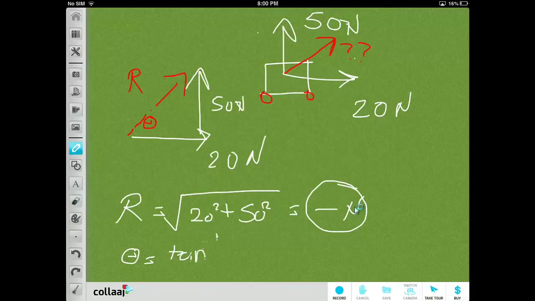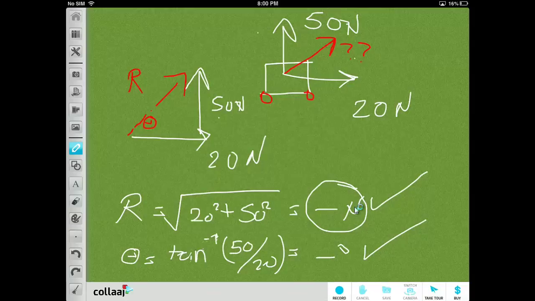Here, tan minus 1, opposite over adjacent, and the opposite to the angle is the 50. So 50 divided by 20. In your calculator, find the theta in degrees. Now I found the magnitude and the direction.